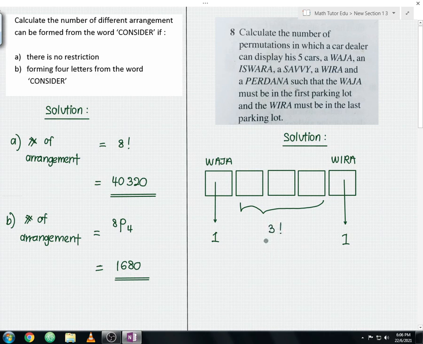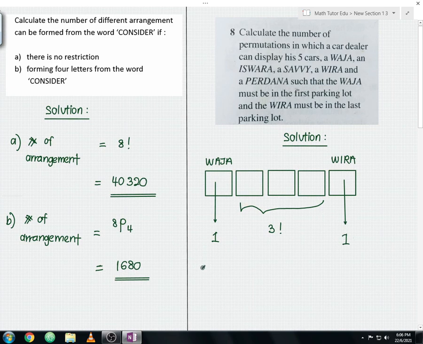Okay, so for instance your Iswara can be in the second parking lot, it can be in the third parking lot, it can be in the fourth parking lot. Okay, I'm just telling you the idea behind this. Okay, so to calculate this, what you do, 1 you times with 3 factorial and then you times with 1. Okay, you times them all together.